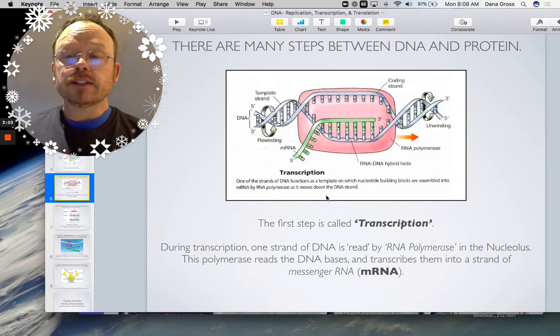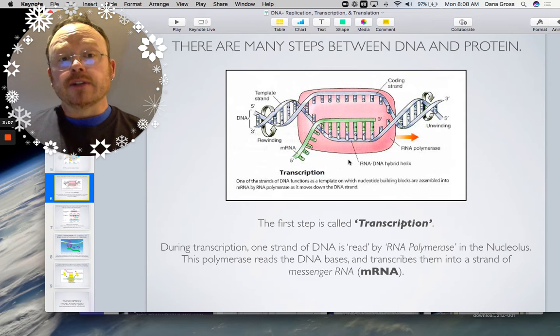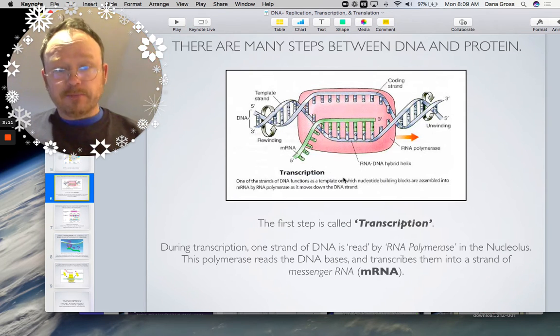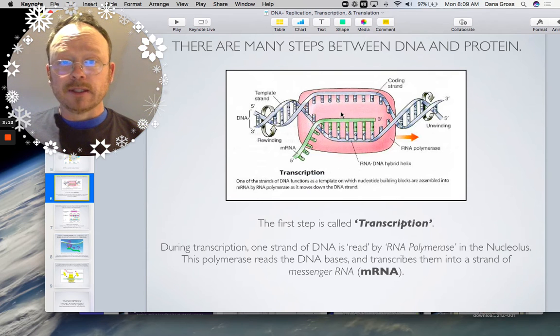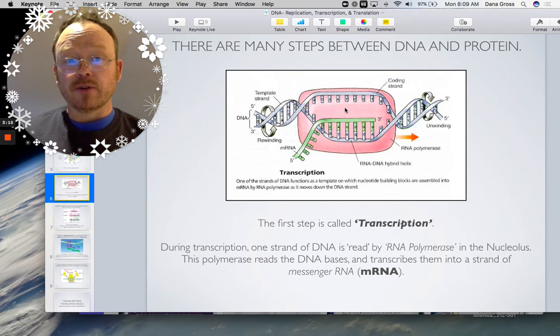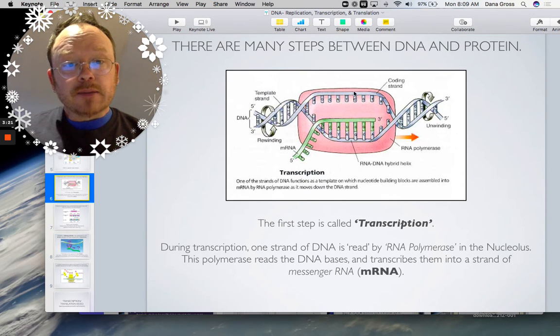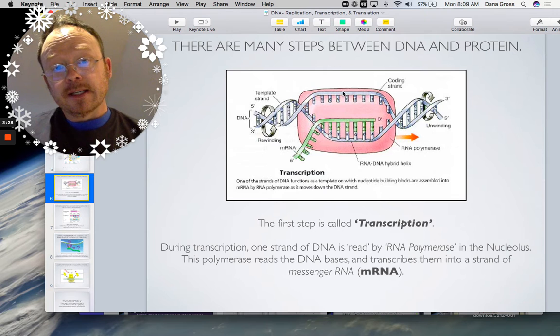Okay, there are basically two steps, and this step right here is called transcription. What transcription is, this big pink rectangle is called RNA polymerase. And that's a protein, and you can see here is the DNA double strand, okay? And that big pink protein, RNA polymerase, basically opens the double helix.